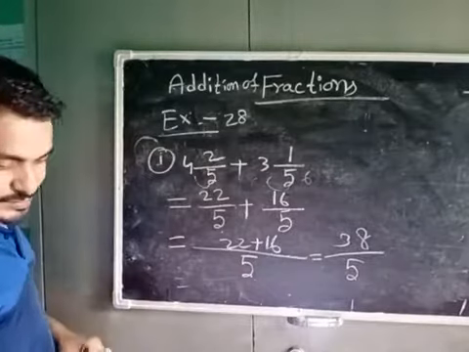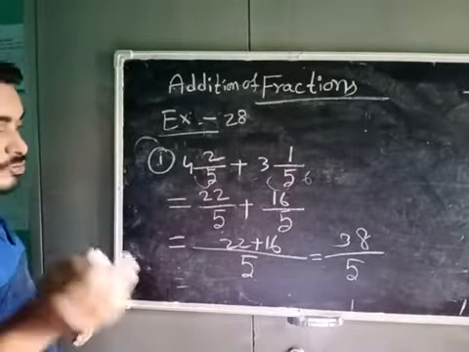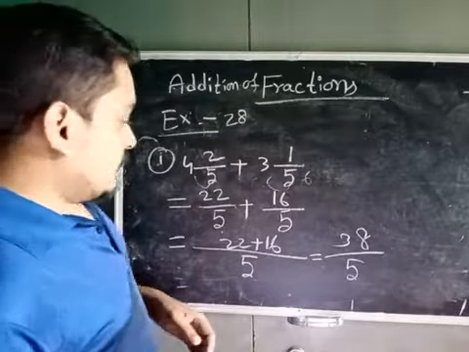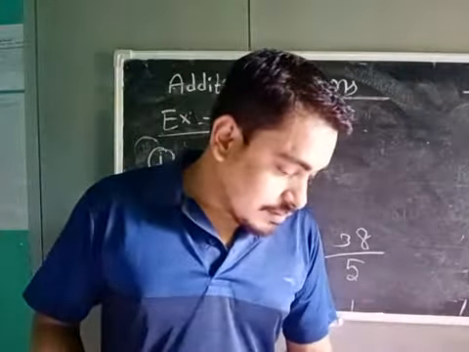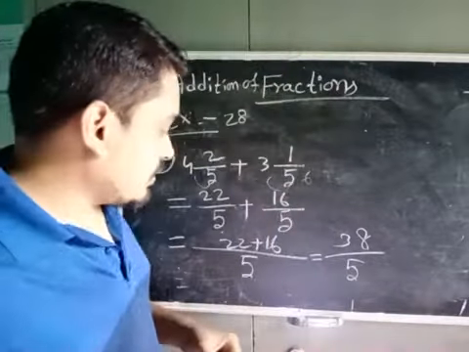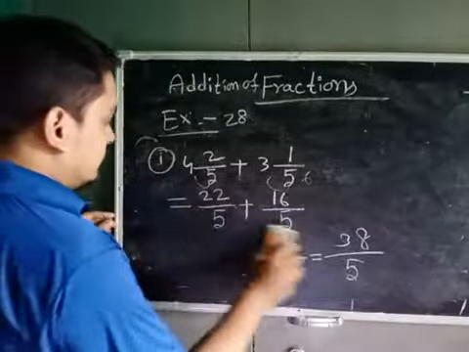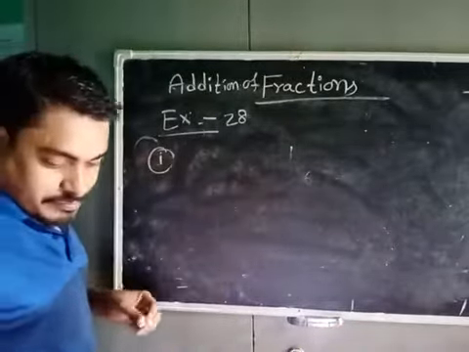So it is your answer. In this way you have to solve. Actually, after converting into improper fractions, the question can be written like the ones we have in exercise 27. Understand? So let me solve another question with improper fractions.